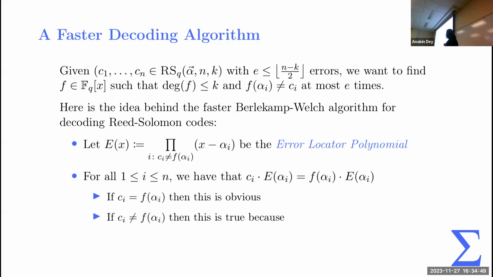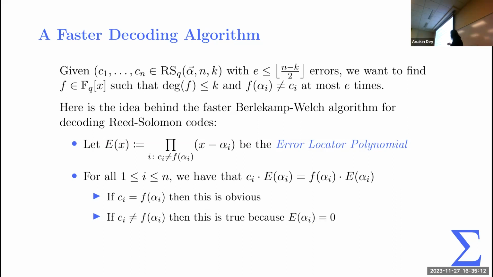If c of i is equal to f of alpha i, then this is obvious, right? But what if c of i is not equal to f of alpha i? What happens? You get 0 on both sides.